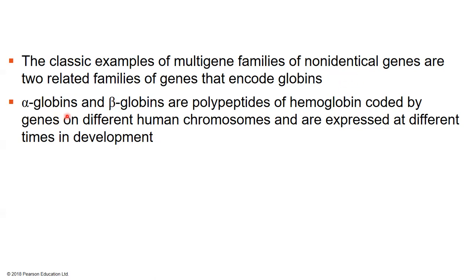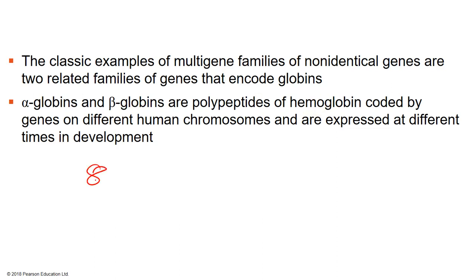An example of multi-gene families with non-identical but very similar gene sequences are the alpha globin multi-gene family and the beta globin multi-gene family. These are the polypeptides that are important for the formation of hemoglobin.